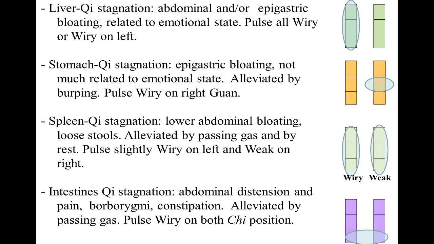And if there is qi stagnation, it is a qi stagnation that affects both the small intestine and the large intestine, and it is manifested with a pulse like that, wiry on both bottom positions, qi positions.